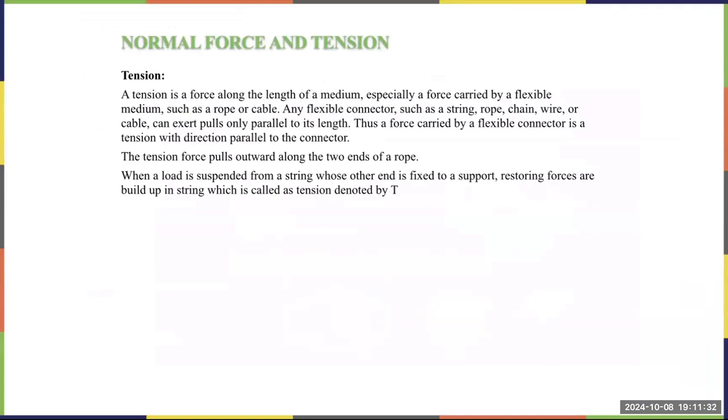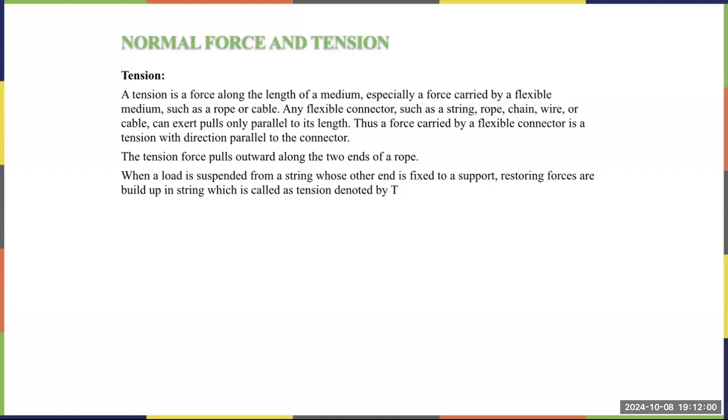A connector. If we pull an object using that string, whatever the amount of force that we're applying, that tension is developed in that string. So tension is the force that is developed in the string. And the direction of the force is always along the length of the string.